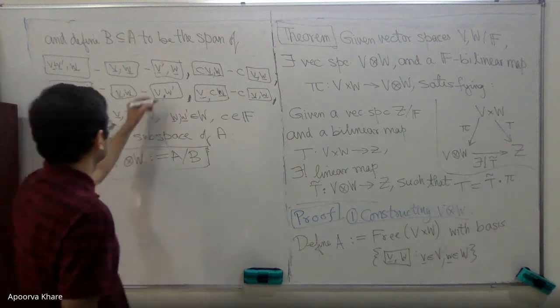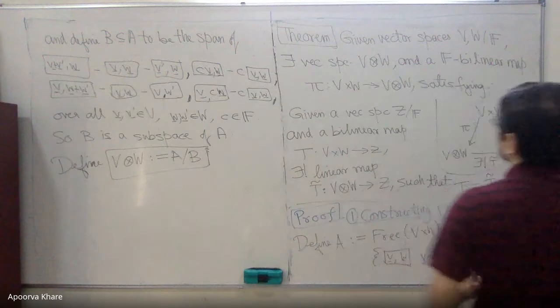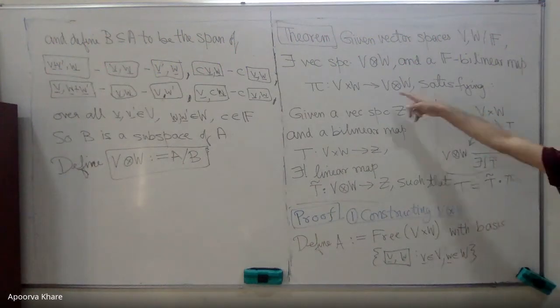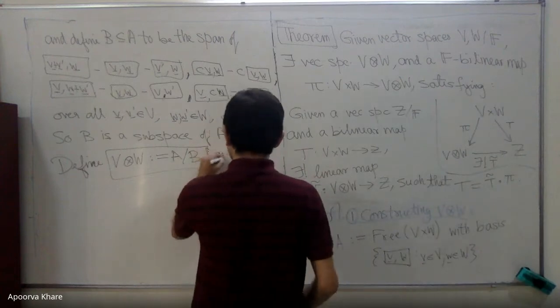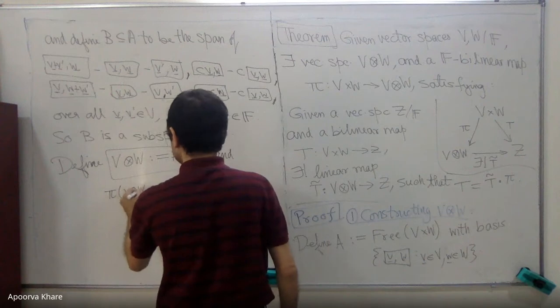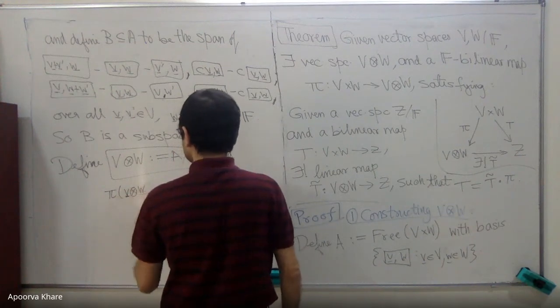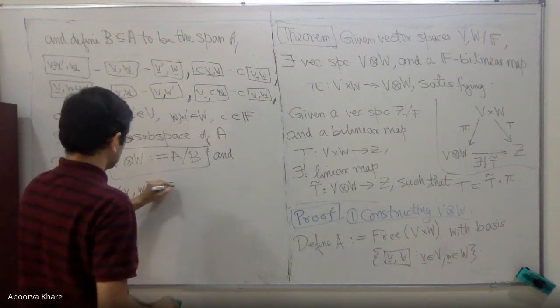Okay, great. So now that is part one. This is the construction. Oh, I need to also define pi. Define pi of (v, w) to be what?